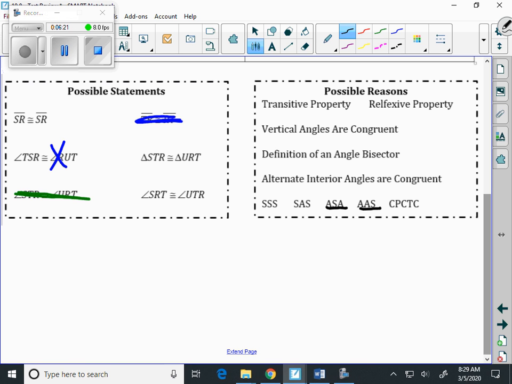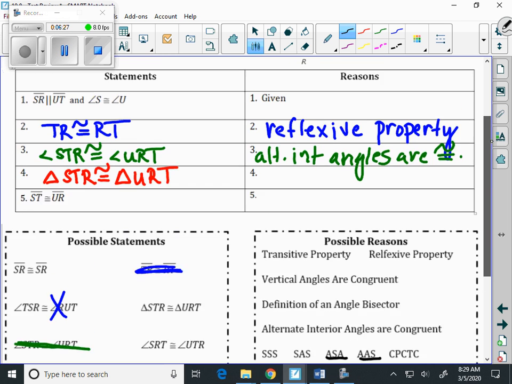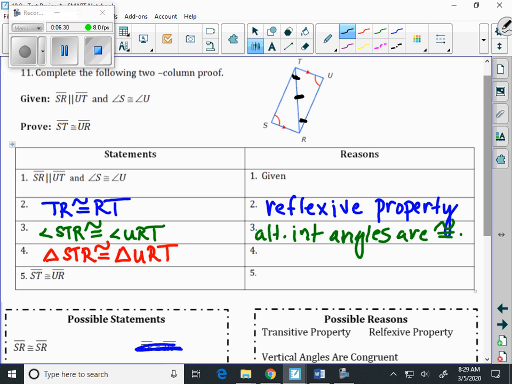Then the question becomes, is the side included or is the side not included? And when we look back up here, the side's not included. We've got angle U, we've got angle R, and we've got the side. It's not in between. If we had the side in between, we'd know UR, and we don't.